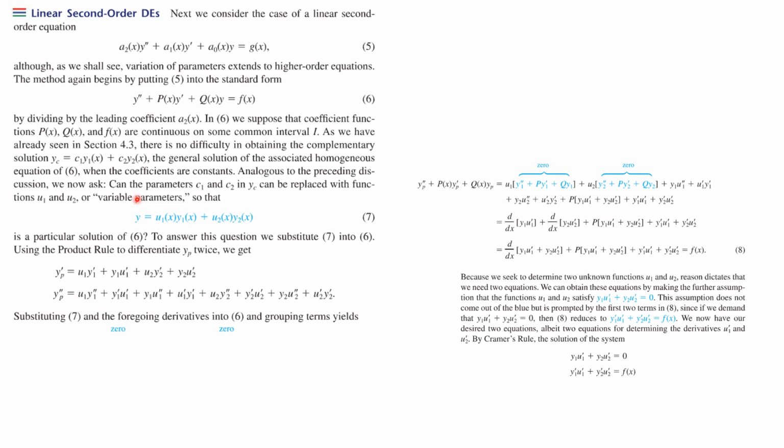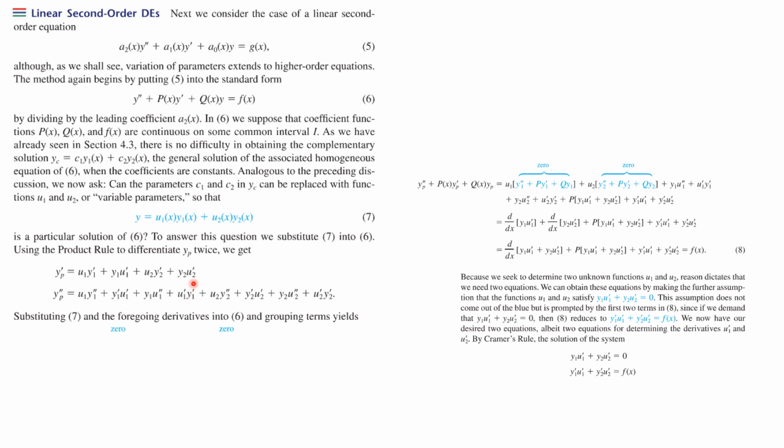So we found two solutions to the homogeneous equation, and what we're able to do then is create this y, and we'll plug it in and see what happens. So we're going to take this y that has known y1 and y2, but we don't know what u1 and u2 are yet. We're going to plug this into our equation 6 and do some calculations.